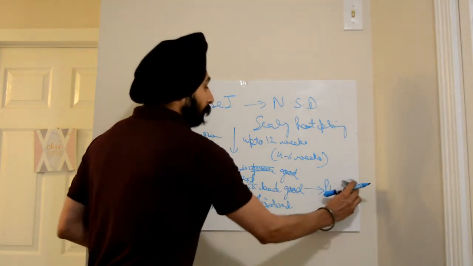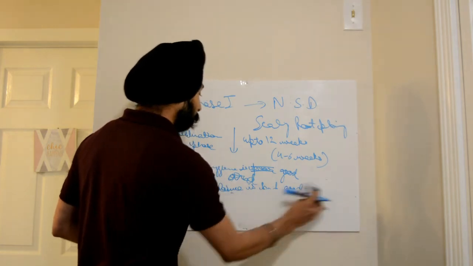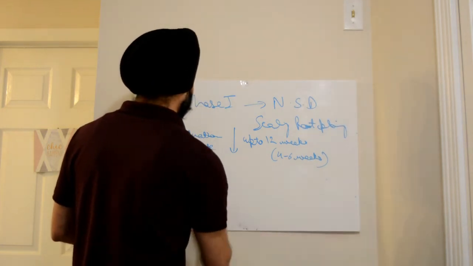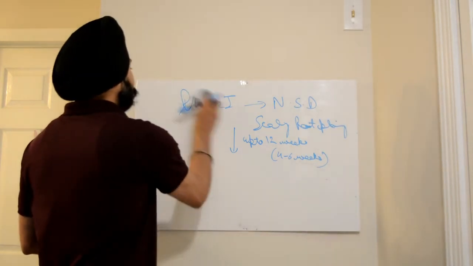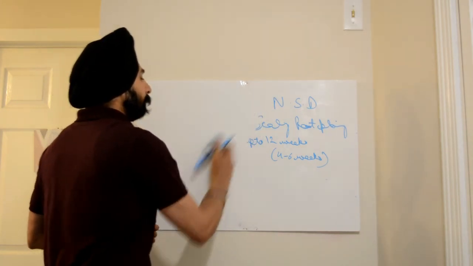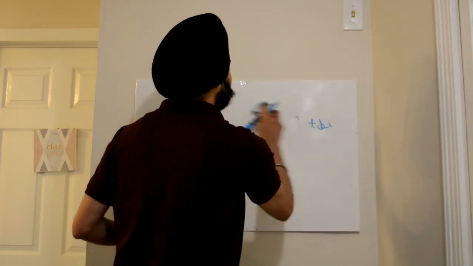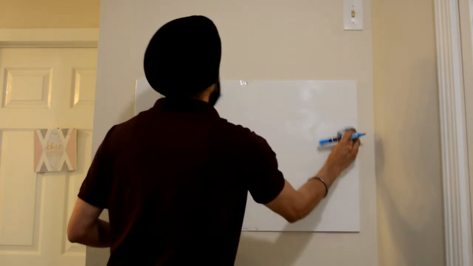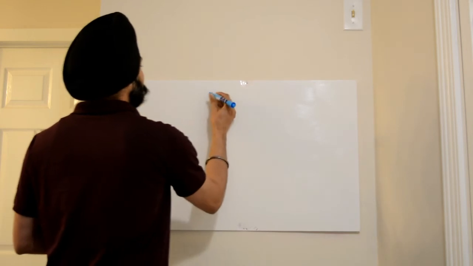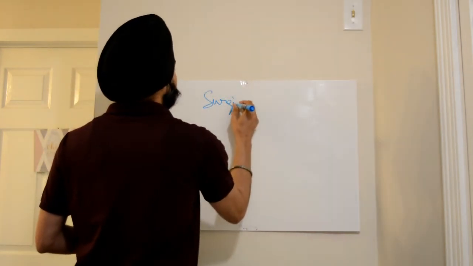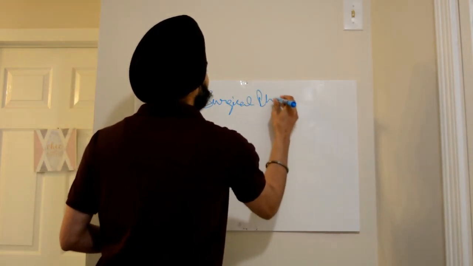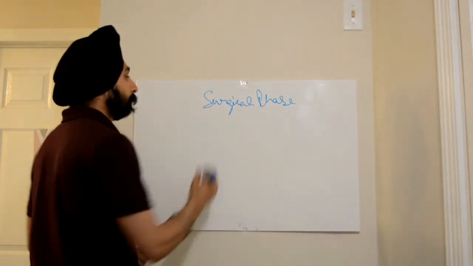Now let's talk something about phase 2 or surgical phase of the treatment. Basically, phase 2 or surgical phase involves 3 types of surgeries. It has 3 types of surgeries mainly.